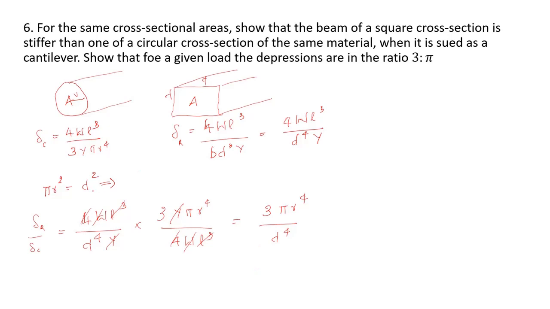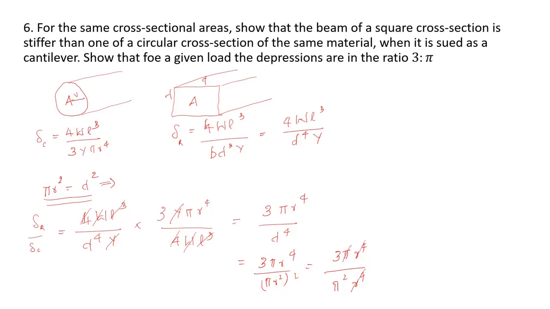Using this relation, we can rewrite d to the power 4 using d square as pi r squared the whole squared, so it becomes 3 pi r to the power 4 divided by pi squared into r to the power 4.